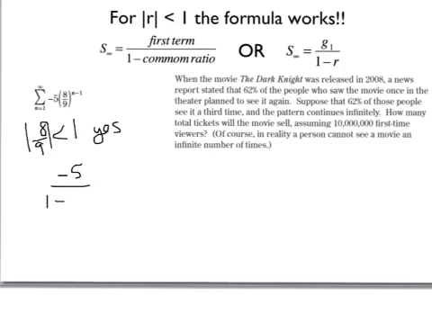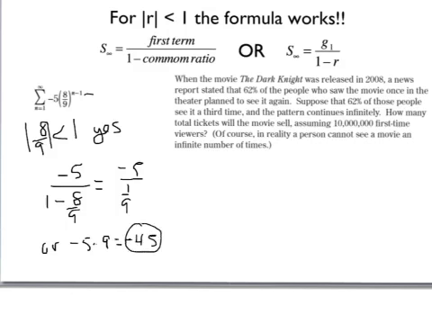So 1 minus 8/9. This is negative 5 over 1/9, or negative 5 multiplied by the reciprocal 9, negative 45. That's the sum of this.